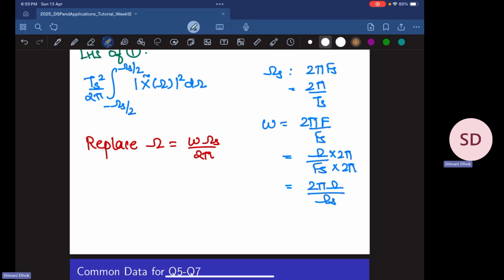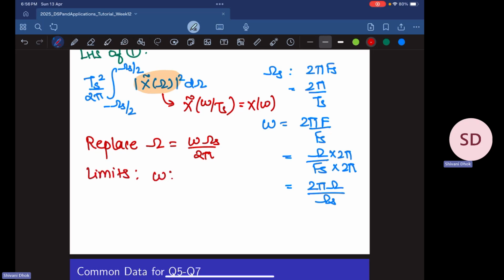This part will basically become my x of omega, or rather x tilde of omega by Ts, which is simply my x of omega, and the limits will become: omega will now vary from minus pi to pi.